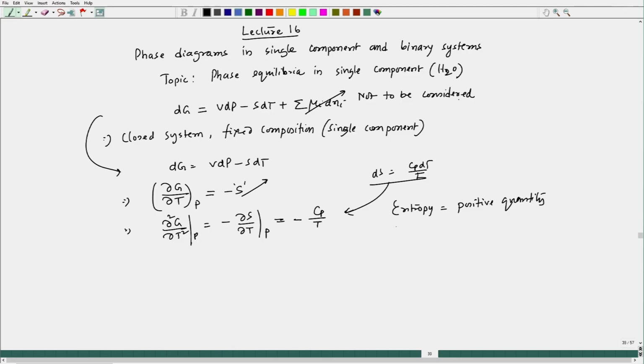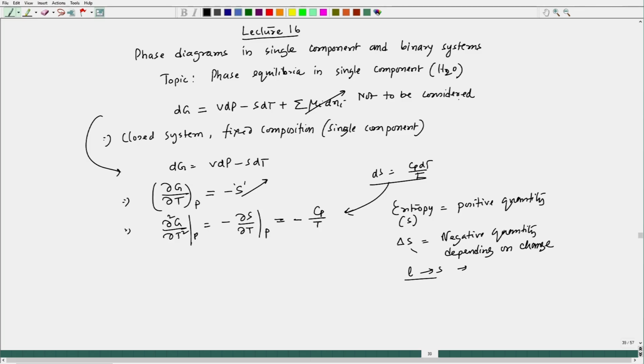But the entropy difference, delta S, can be a negative quantity depending on the change. So, let us say a liquid to solid transformation, then this change can be negative, because liquid entropy is higher than the solid entropy.